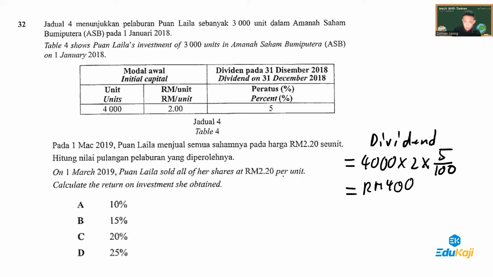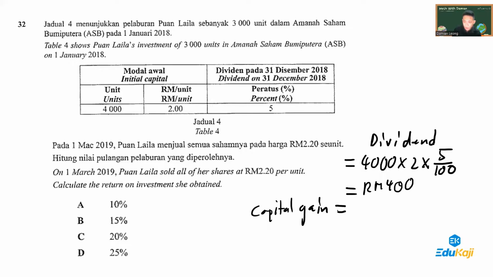And from the sales means the capital gain. From selling a unit is actually capital gain.